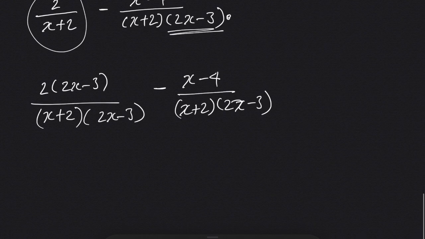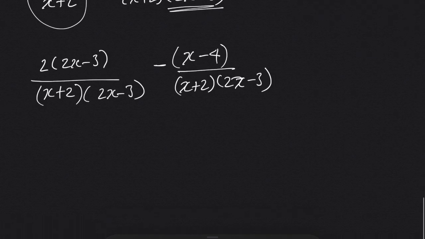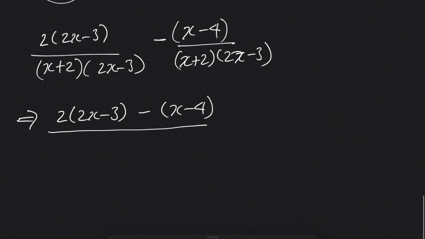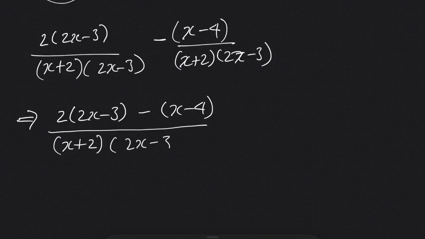And we actually have then something we can do quite nicely. We maybe put some brackets around here, and we can then tidy this up to say that this would be 2x times 2x minus 3 minus x minus 4, all divided by x plus 2 times 2x minus 3.